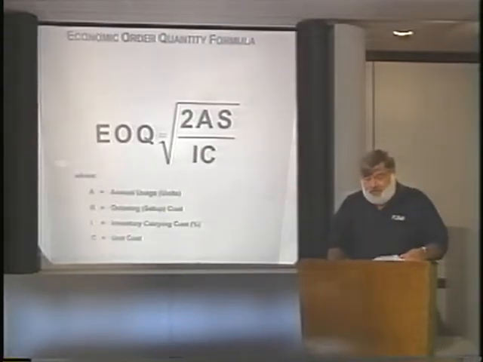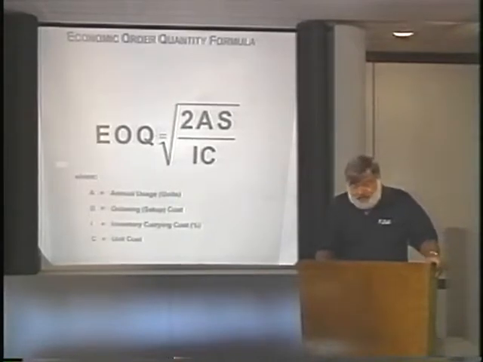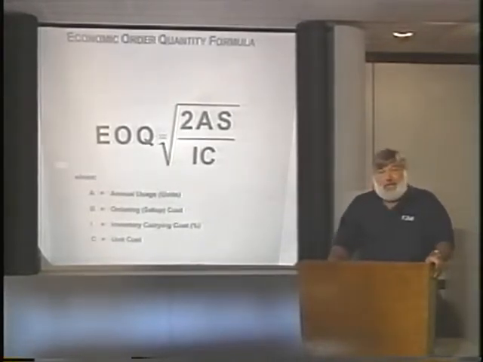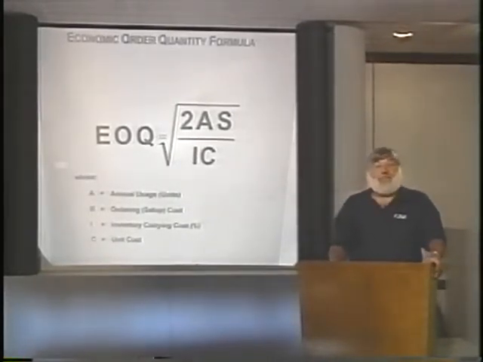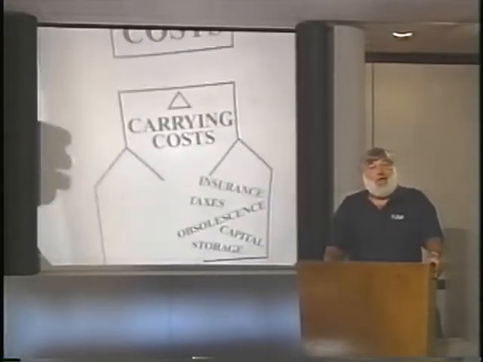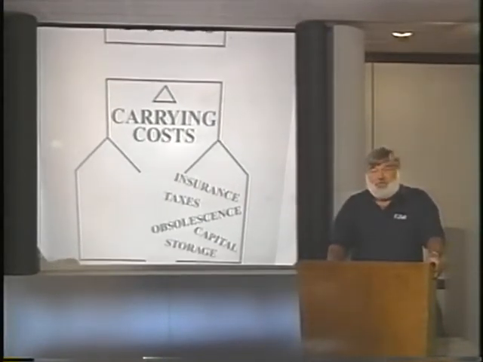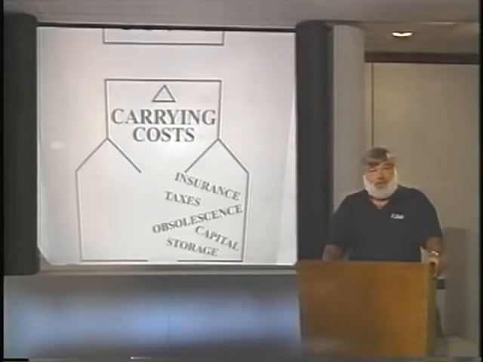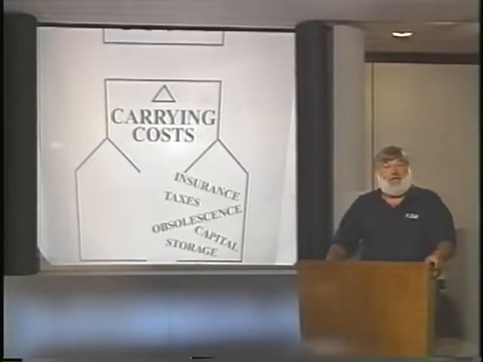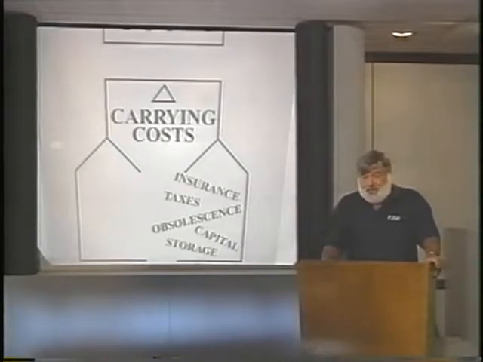So if you would turn to the next page, we're going to look at the data elements that go into carrying cost. First of all, this data should be supplied to you from your financial department. They really should give you the carrying cost, as I indicated before.